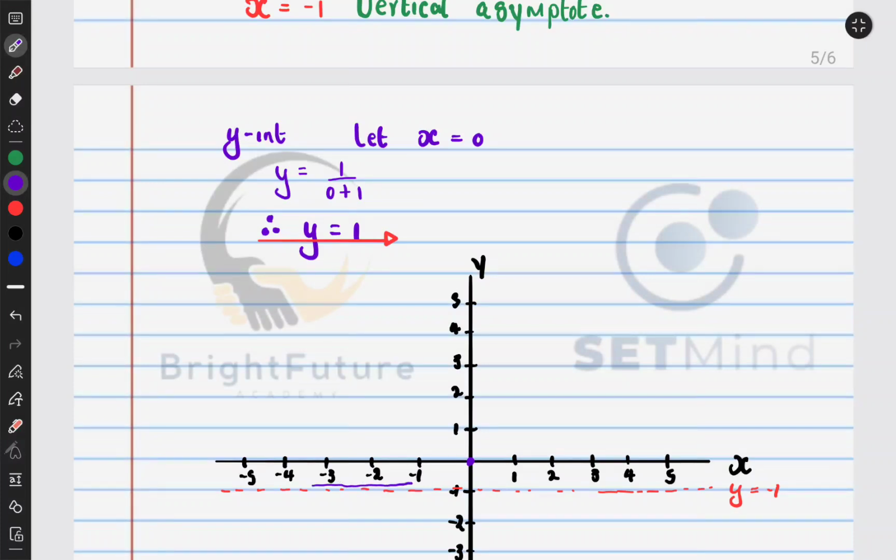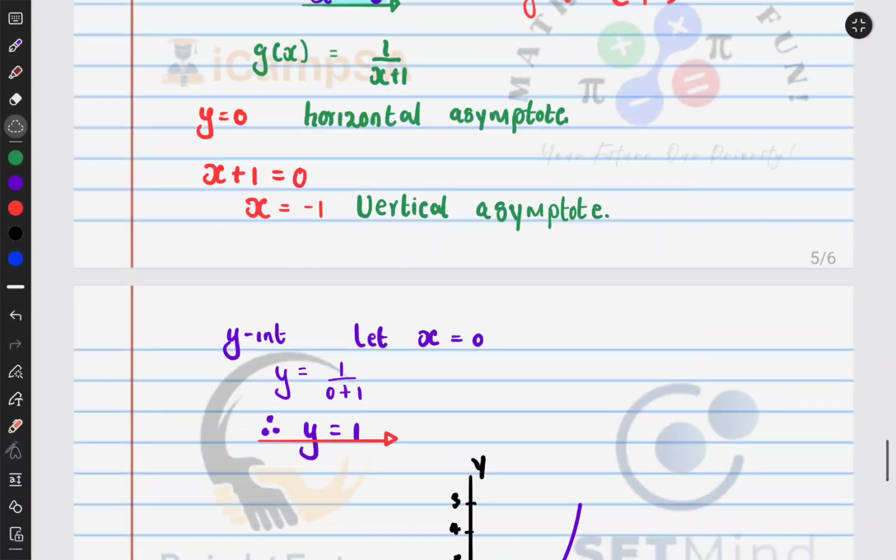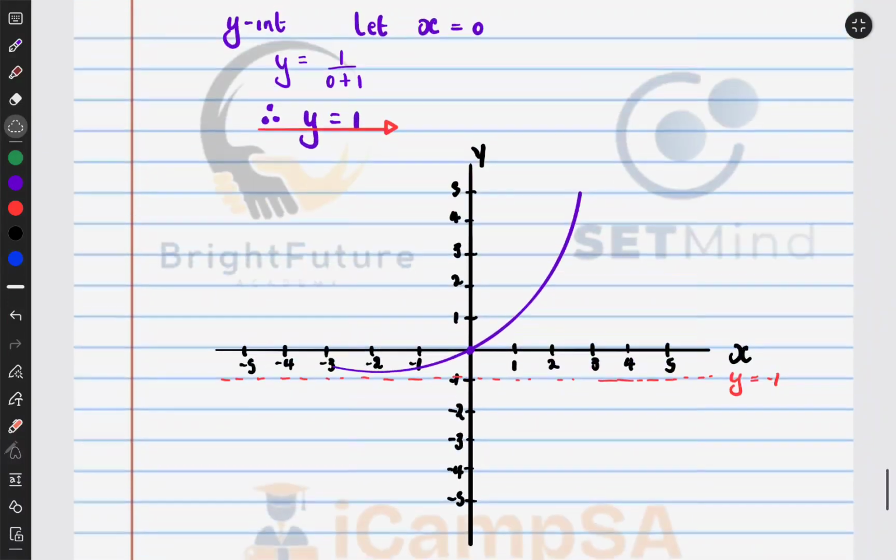Therefore, we can now sketch it. It's an exponential function. It's going to be of that nature. Okay, and there you have it.